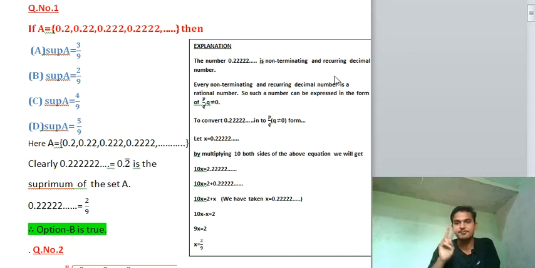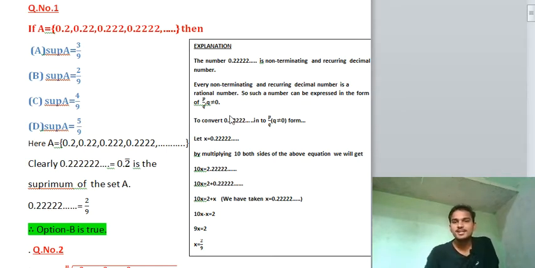Non-terminating decimal numbers are of two kinds. First kind is non-terminating and recurring decimal number, and every non-terminating and recurring decimal number is a rational number. It means it can be expressed in the form of p by q where q is not equal to 0. And the next case, every non-terminating and non-recurring decimal number is an irrational number.